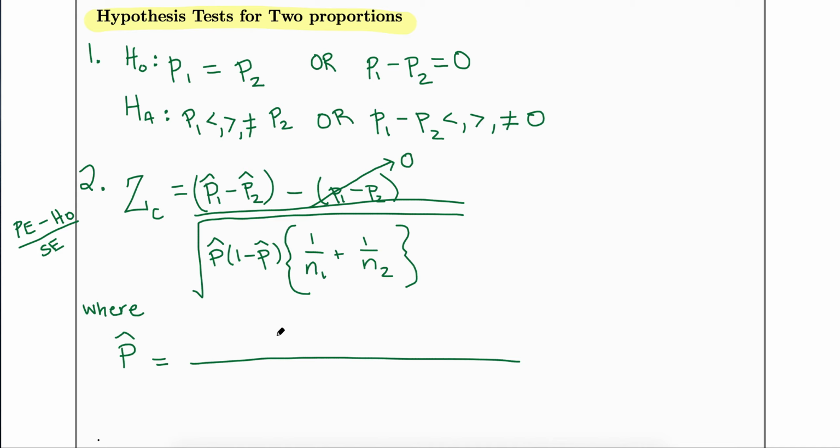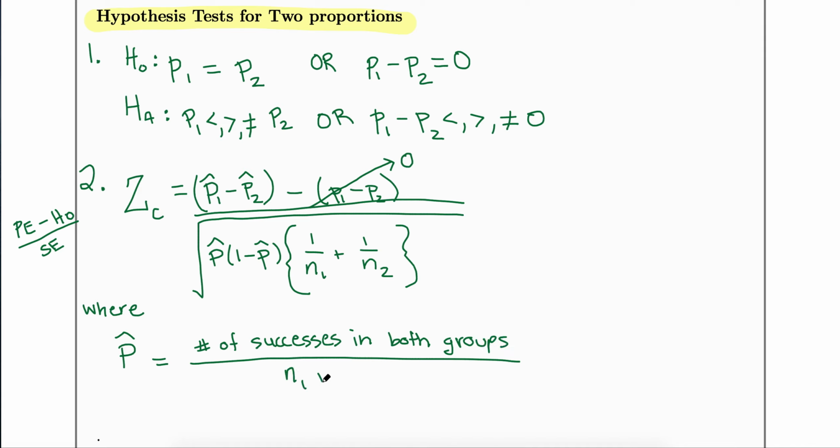We're just lumping all the data together as one giant group. So I'll say number of successes in both groups. And then it's going to be out of our total sample size in both groups.